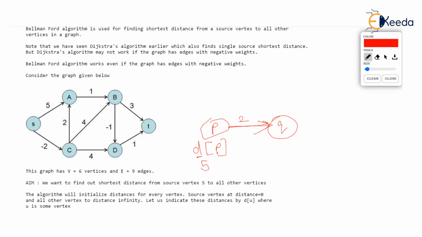And imagine dQ is 10, that is, the distance of vertex Q is 10. Then what we are going to check is, for the edge P comma Q, where P and Q are the vertices, we will check if dP, the distance of vertex P, plus the cost of the edge P comma Q is less than dQ.